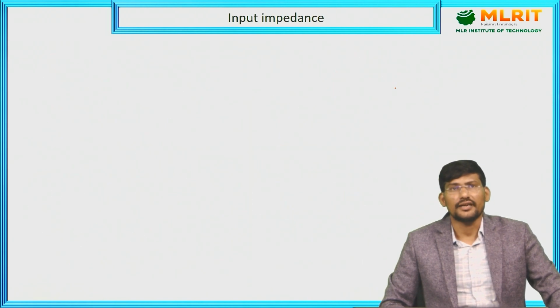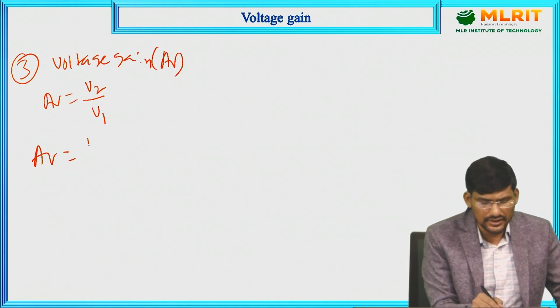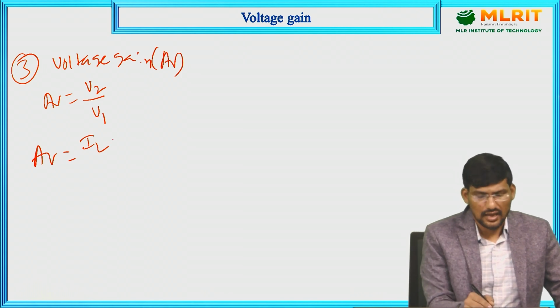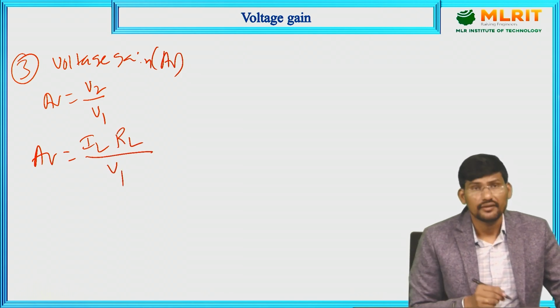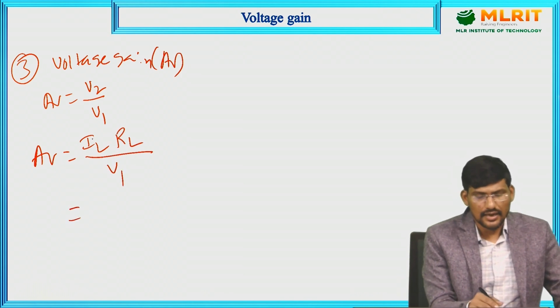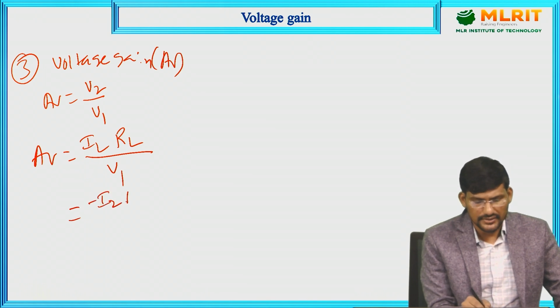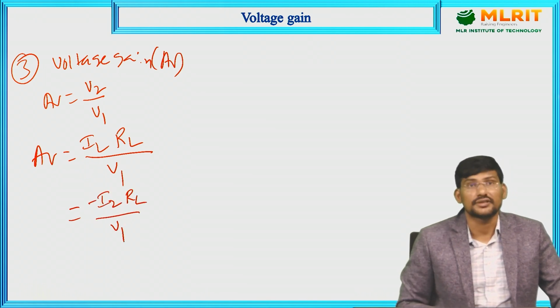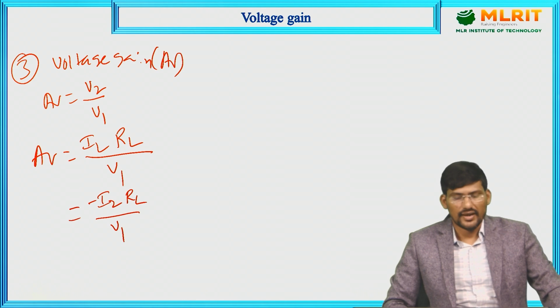So we can write V2 is equal to IL into RL, divided by V1. Now instead of IL we can write minus I2, because both are flowing in opposite directions. IL is equal to minus I2.